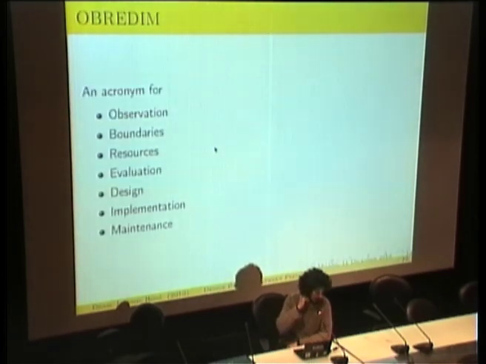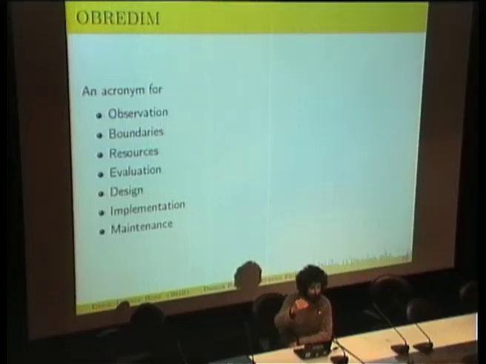Back to permaculture, there are very interesting formulations, and here we go more on the language, actually hoping that it inspires developers from different fields. The permaculture activists use this acronym, OBREDIM. They just use it to remember these fundamental steps in their view that one must go through in order to interact with the system.